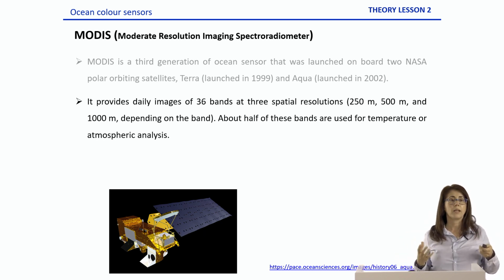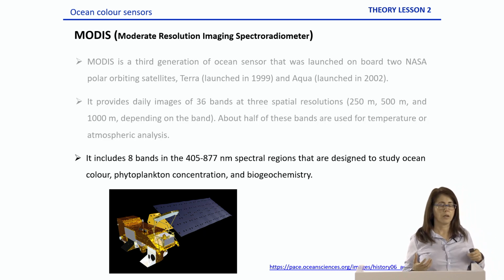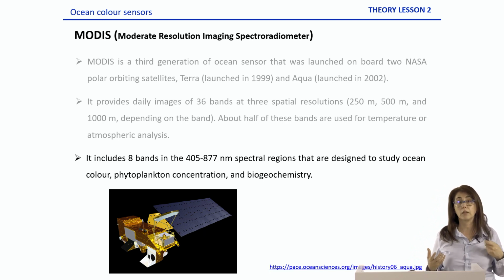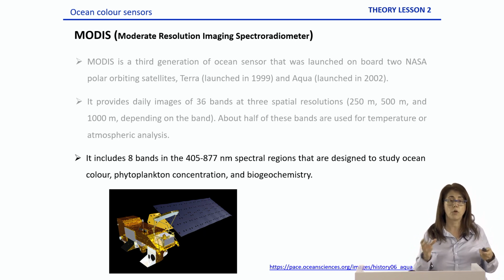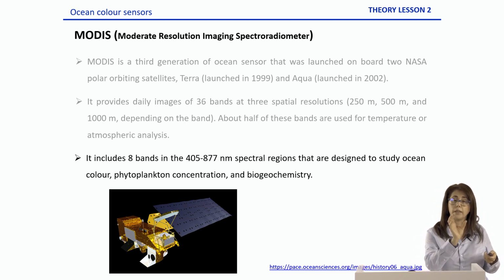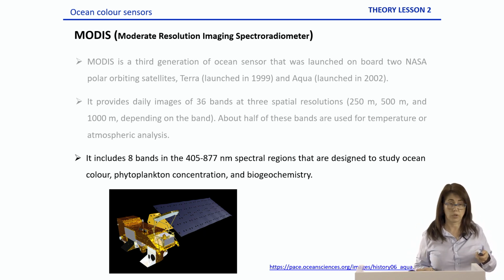About half of these bands are also used to retrieve sea surface temperature or for atmospheric analysis. Another good thing about MODIS is that it includes 8 bands in the 405 to 877 nanometer spectral region, which are specifically designed to study ocean color, like phytoplankton concentration and biogeochemistry.